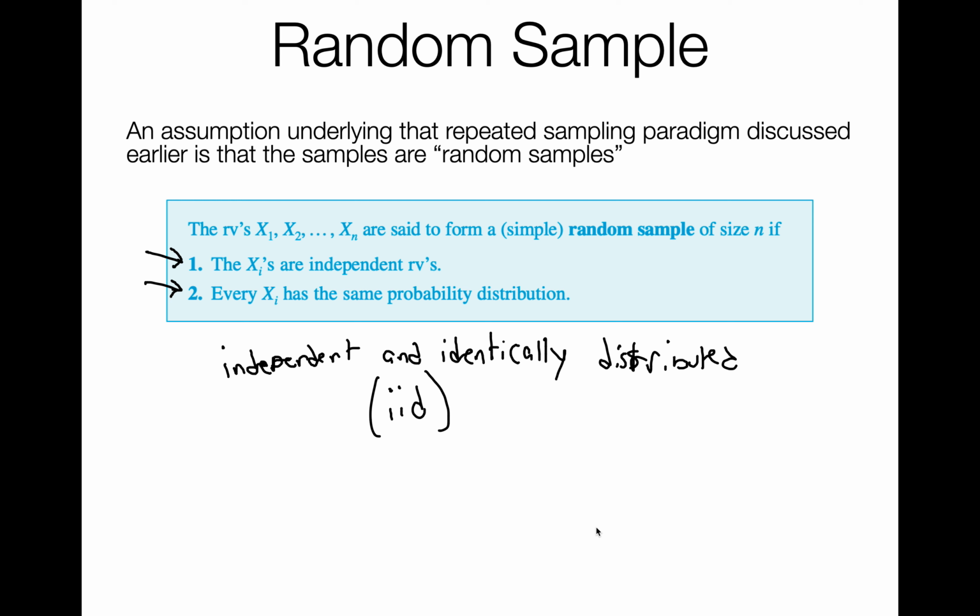Independent and identically distributed. Okay, so if things are IID, say IID normal with a mean of 0, standard deviation of 3, that means that every single random variable that I sample has the same probability distribution, normal 0, 3, and each one does not affect the other, meaning they're independent.